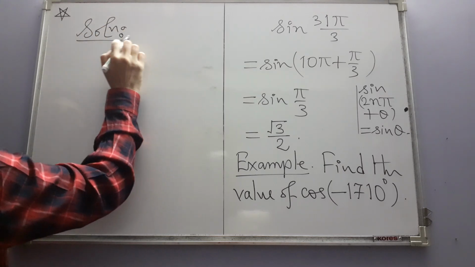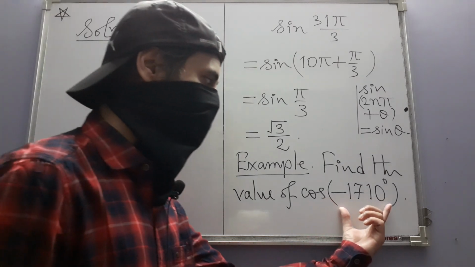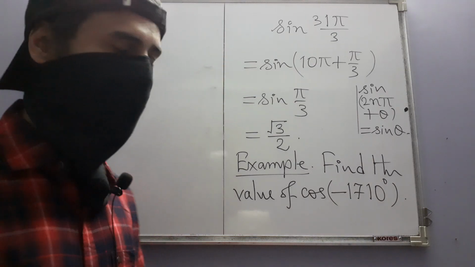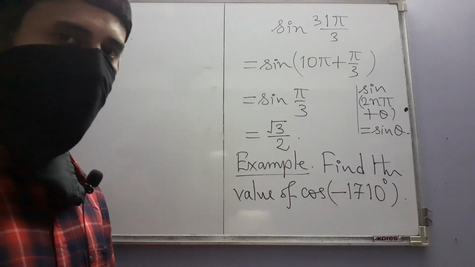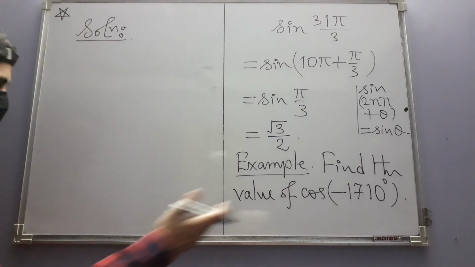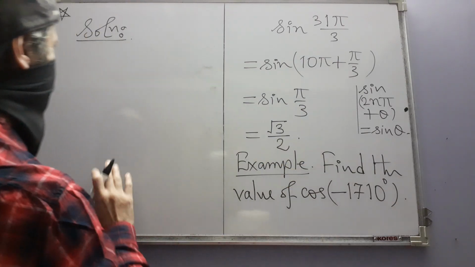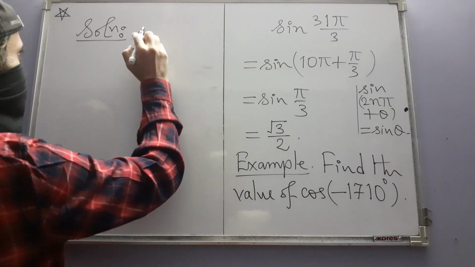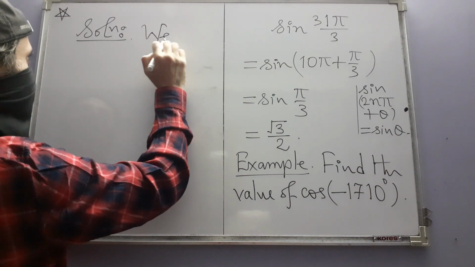You of course know very well that this does not really represent any geometric angle, but it represents a rotation, and that too in the clockwise sense, by this amount, 1710 degrees.